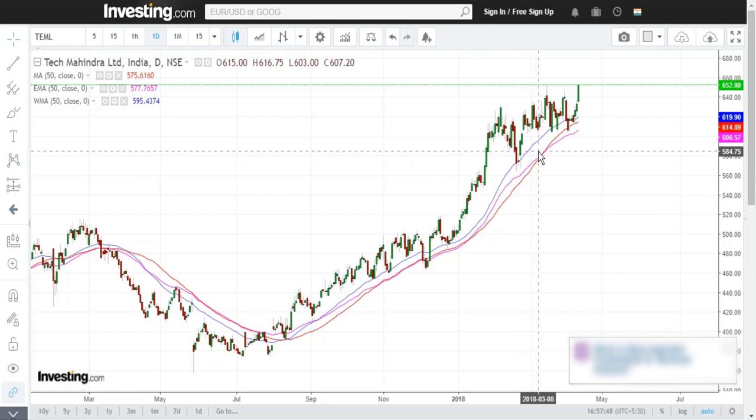Now, which one you use in your analysis or trading depends on you. If you are looking for a very longer term trade entry, you can look for a simple moving average. But if you want to enter quite fast or early, then you should look at a weighted moving average.